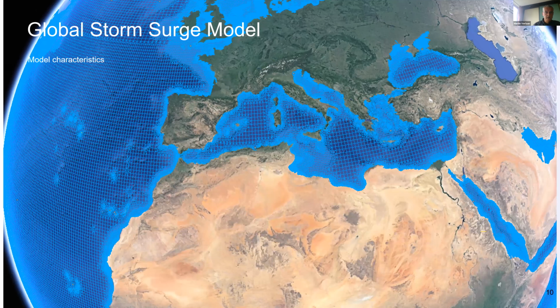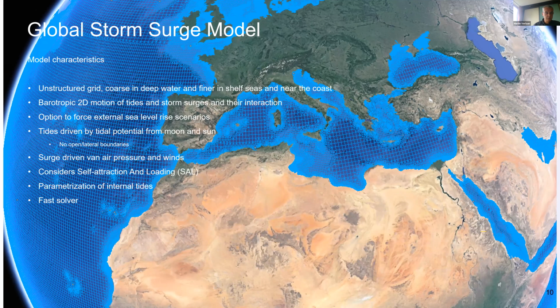So talking about the model. This model that we're using is an unstructured grid model. That's why there are large cells over the ocean and much smaller cells close to the coast. That gives us an efficient distribution of the computational power to be used where it's needed and be faster where it's not. It's a barotropic 2D model, which makes it relatively fast.